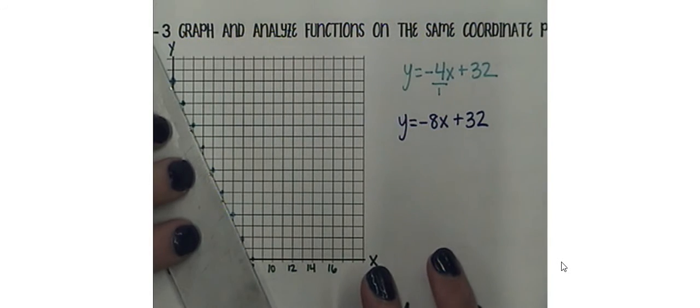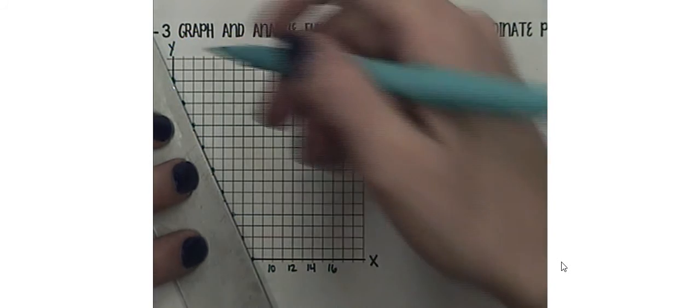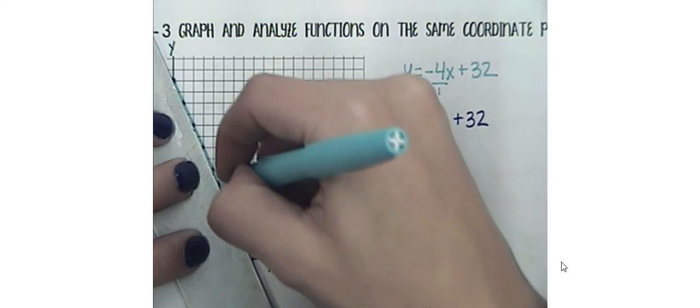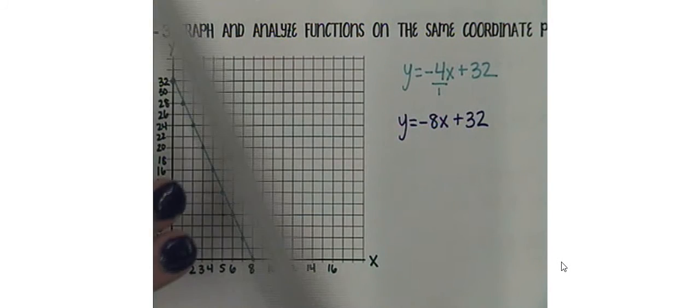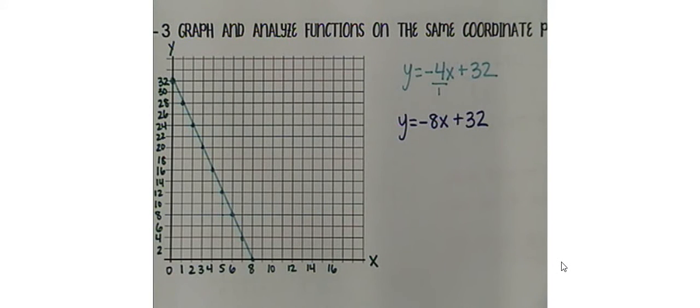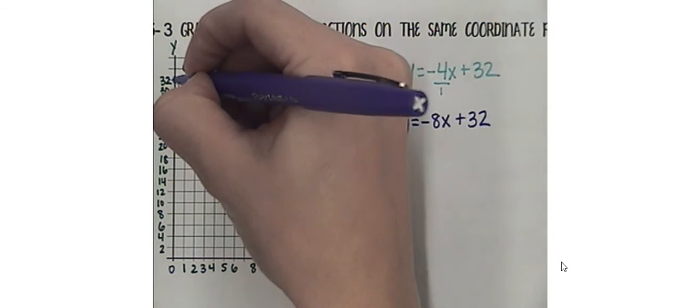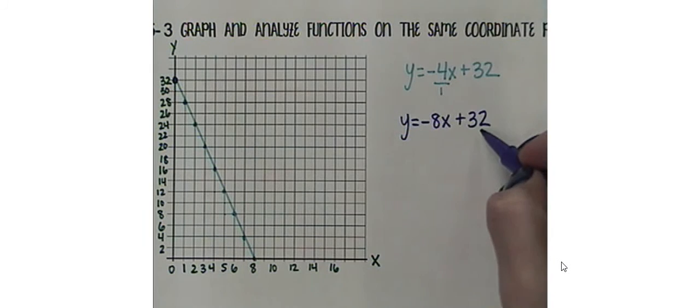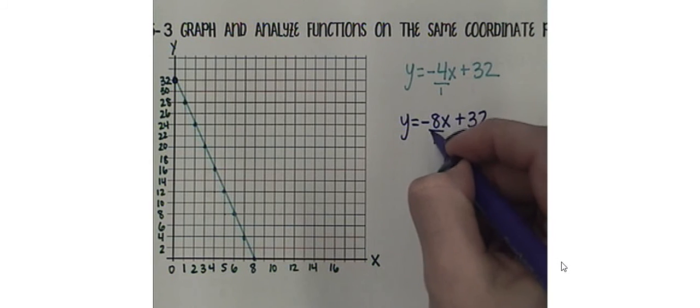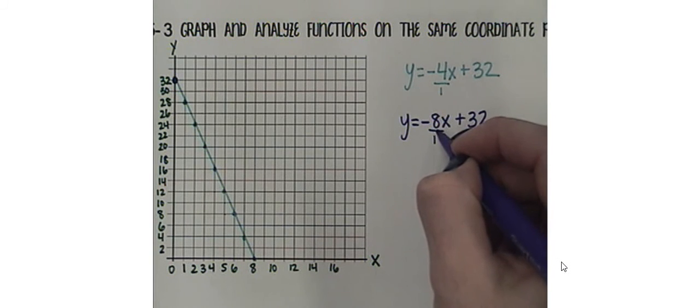Use the ruler. Connect them. And again, this y-intercept is again at 32. Same starting point, different slope this time, a steeper slope of 8.